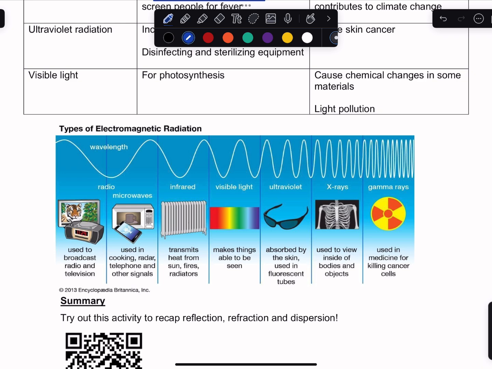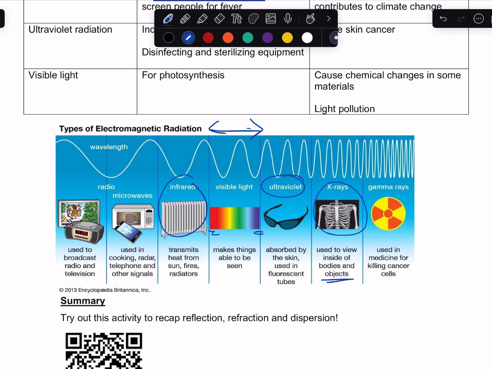This was the image I was trying to find. Yes, you see that visible light takes up part of the electromagnetic spectrum. Infrared comes just before red. Ultraviolet comes just after violet. There are also a lot more useful types of electromagnetic radiation, such as X-rays, which are used to image what's inside our bodies.